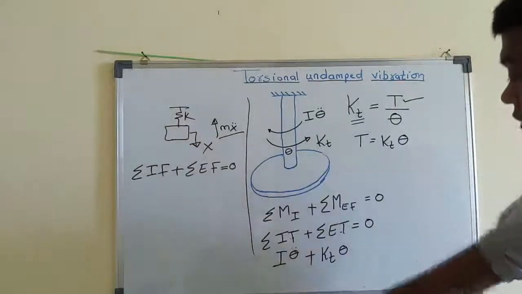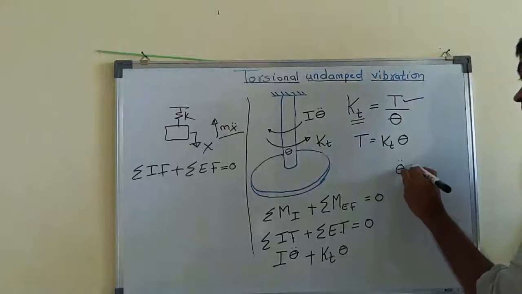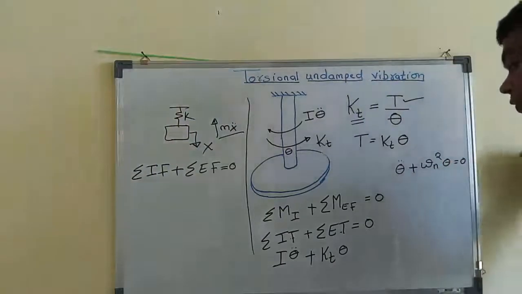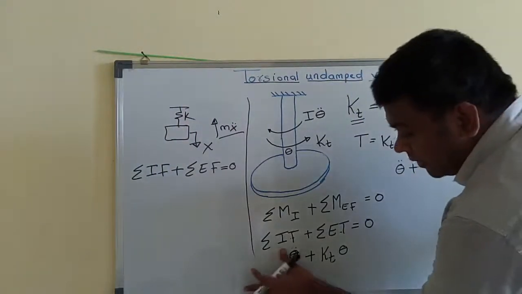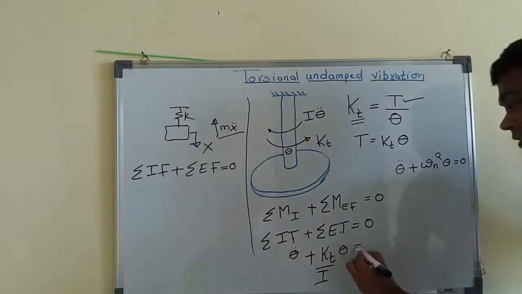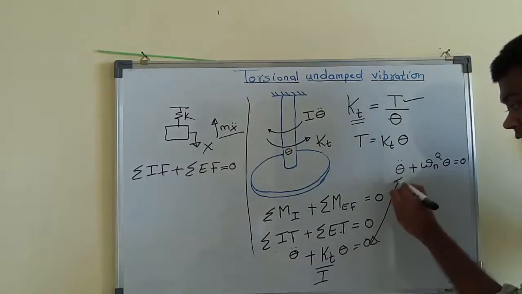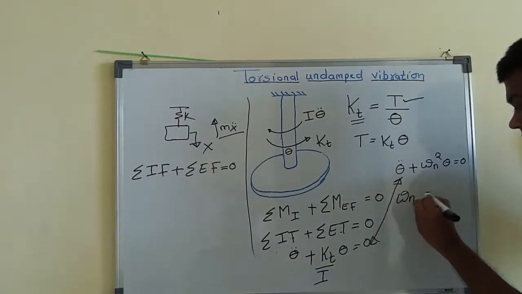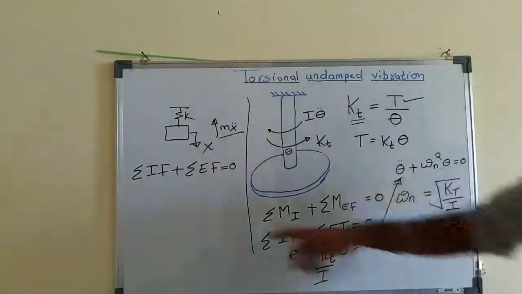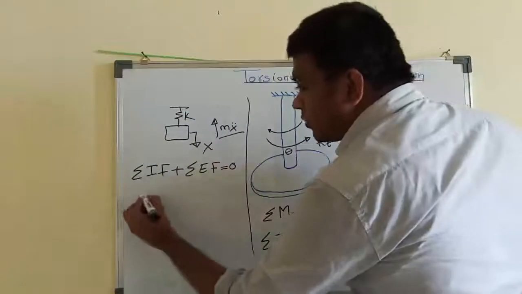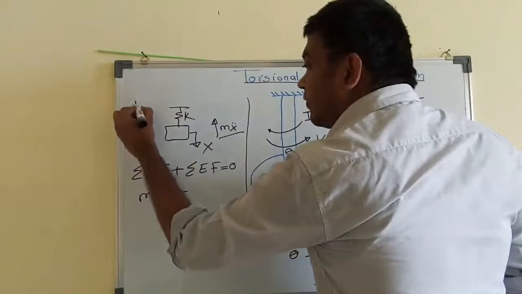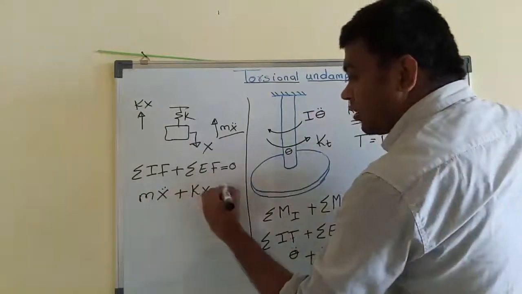Now if we compare this equation with theta double dot plus omega n square theta equals 0, what will we get? Suppose I am shifting this I in the downward direction. After comparing these two equations, I get omega n as the square root of KT upon I. And for the linear case, I know my inertia force is m x double dot, and the external force is nothing but the spring force kx, so m x double dot plus kx equals 0.